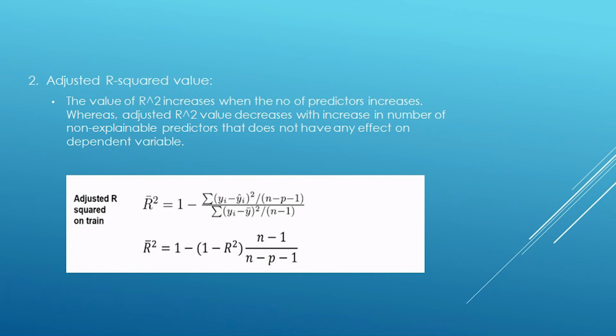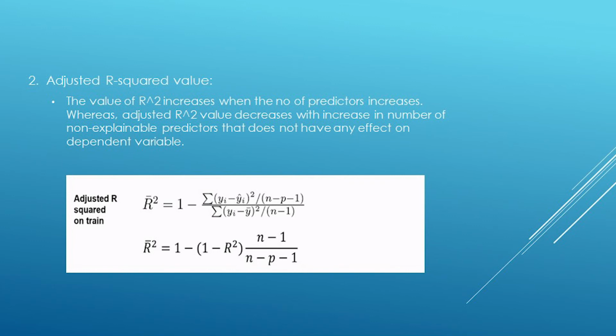So there are a lot of non-explainable predictors in the model which can overfit our model. So it's better to check adjusted R square if we have any idea of including more predictors into a model.